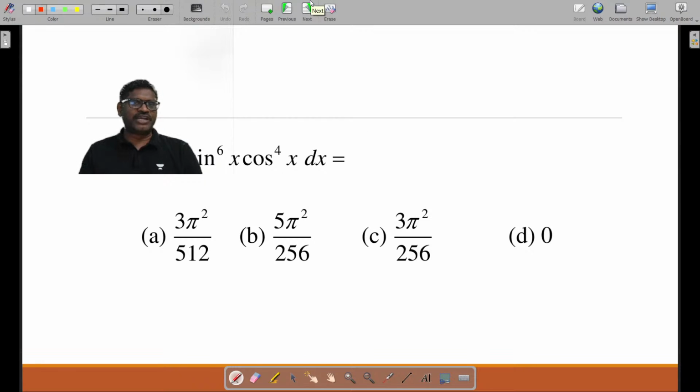Integral 0 to pi of x into sin power 6x cos power 4x dx. We have one formula. The problem is designed on that formula. Observe.